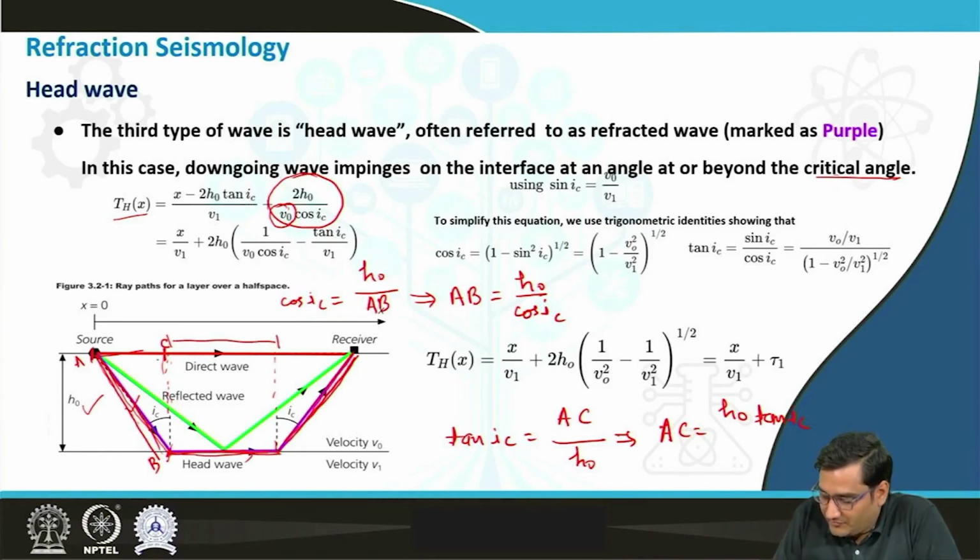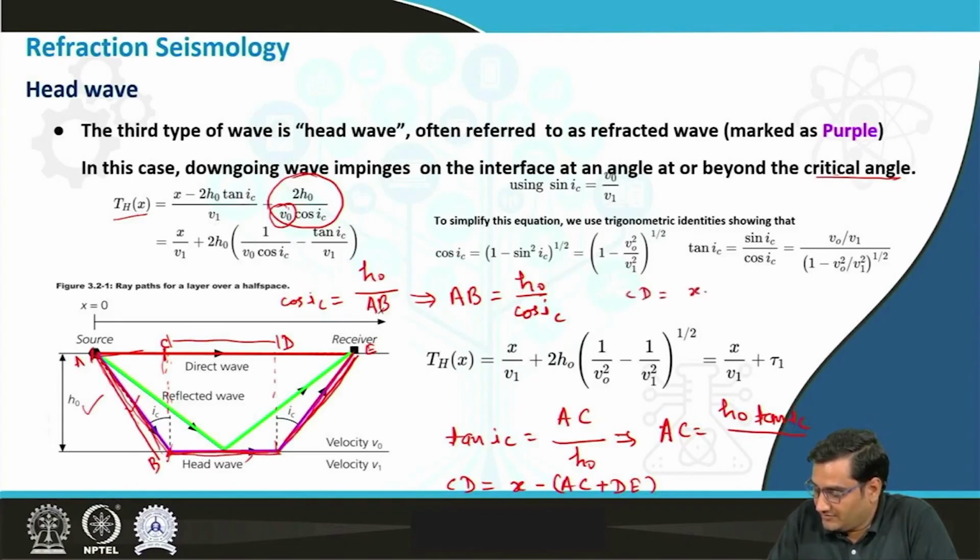Let's suppose this is your D and this is your E here, then CD we want to find out, then CD can be given as x minus AC plus DE. AC and DE are the same, that is equal to h naught tan IC. So you can write CD is equal to x minus 2h naught tan IC.